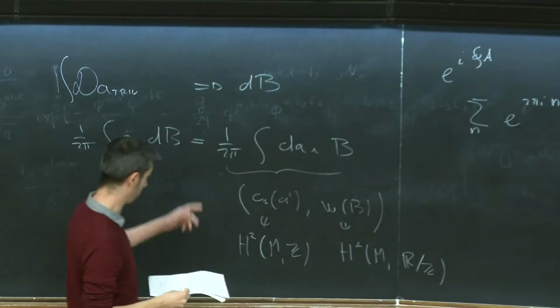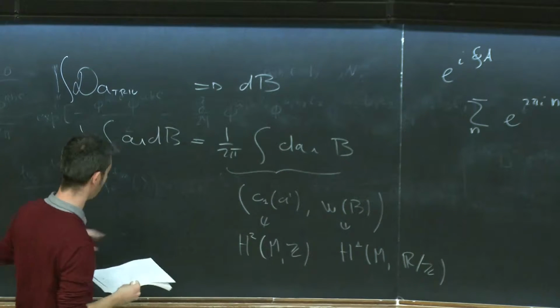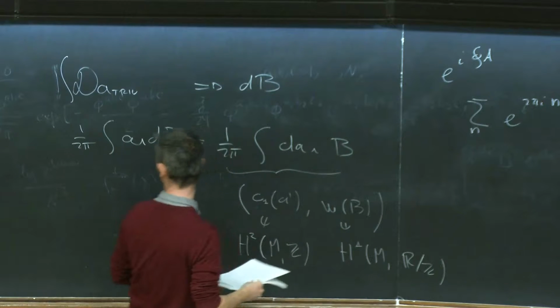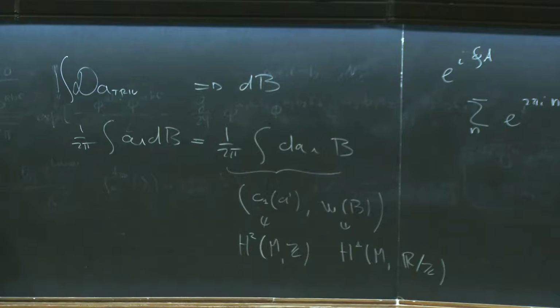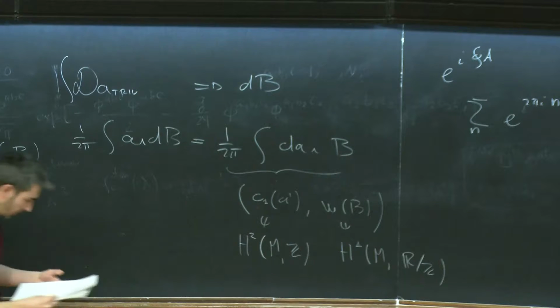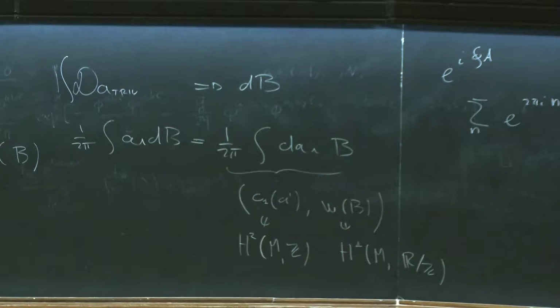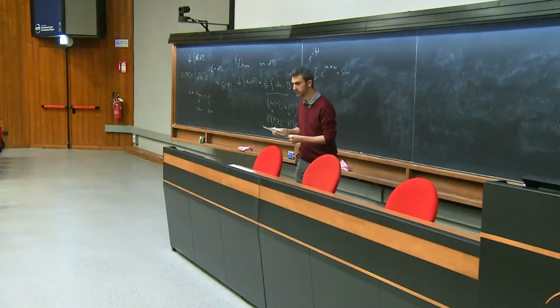So this second piece sets to 0 the flat connections, and at the end of the day, this is just equal to a delta on B, up to gauge transformations, of course. Any question?